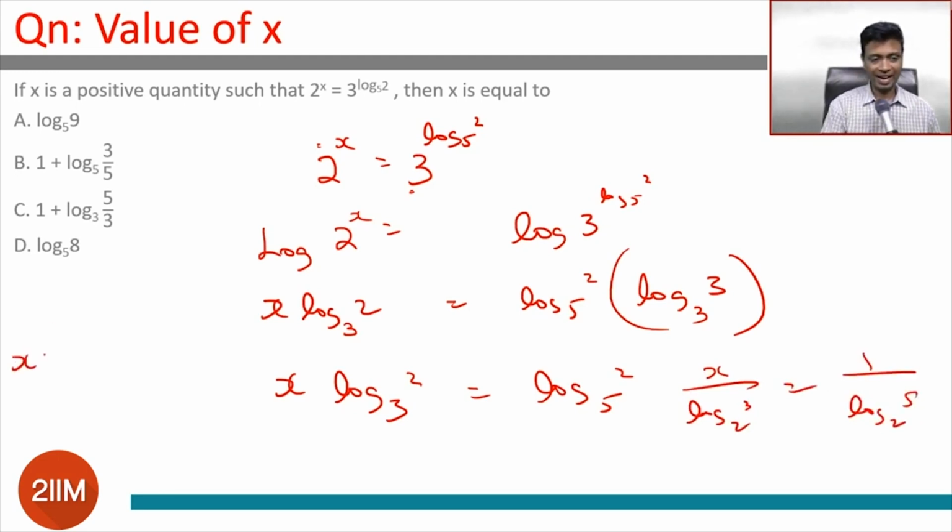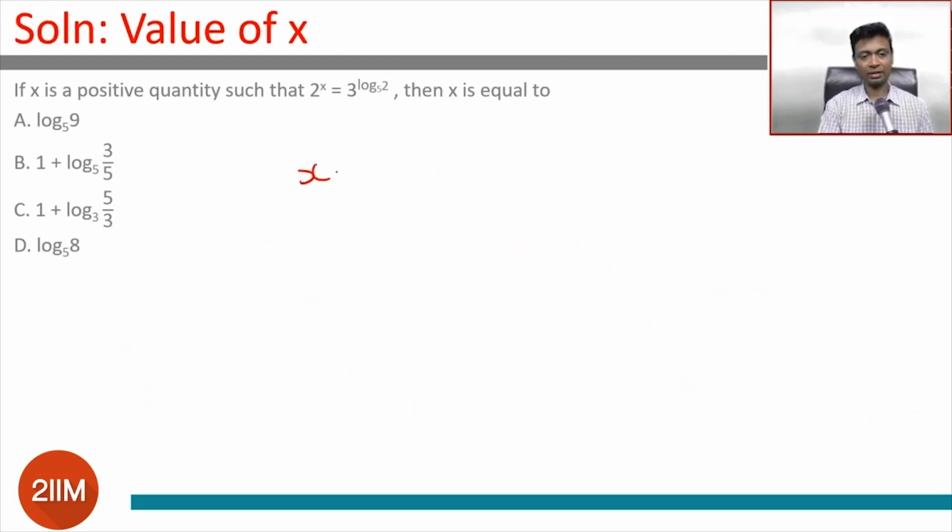Or x is log 3 to the base 2 by log 5 to the base 2. In other words, our number x is log 3 to the base 5, which is not this, which is not this. It should be one of these two.